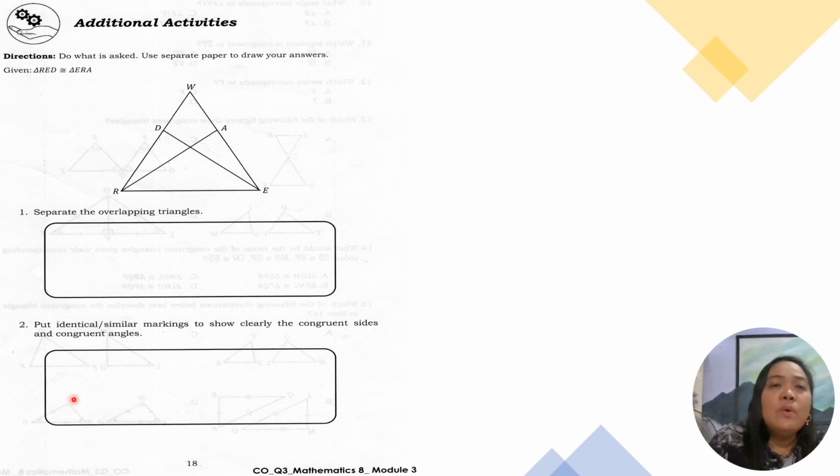And if you are done working on the additional activities, you may check your answers in the activity sheet, in the last page of your module, which is the answer key.